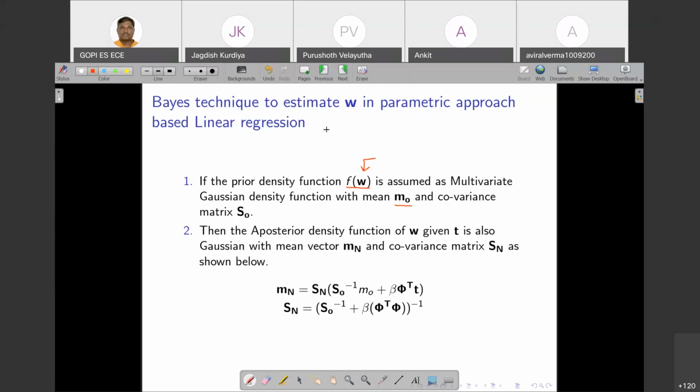So each element is Gaussian distributed, and all of them jointly, W0, W1, W2 up to W M minus 1, follow a multivariate Gaussian density function, right?